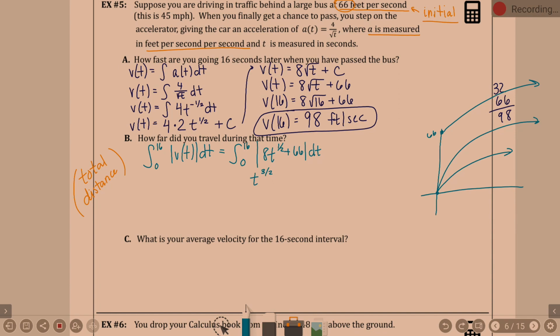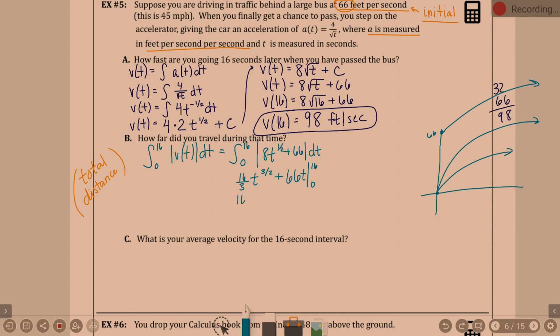Dividing by 3/2 is multiplying by 2/3, so 16/3 t to the 3/2 plus 66t evaluated from 0 to 16. I do agree, we have the calculator.